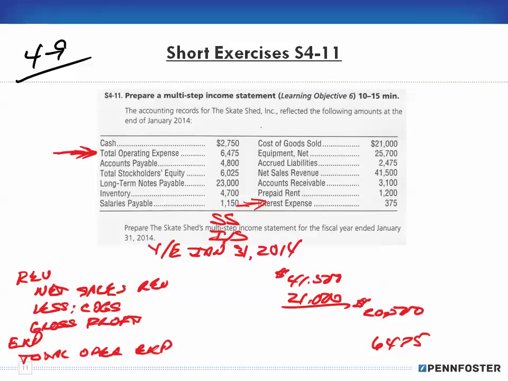And then that's going to give me a profit or loss. And in this case here, that's a profit of $14,025. Now, notice I didn't take into consideration this here interest expense.